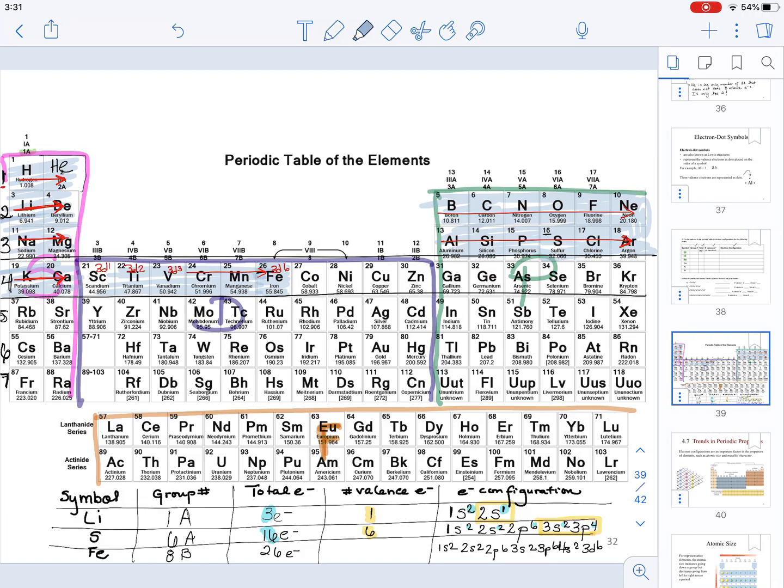We can verify that we did the correct number of electrons. 2 plus 2, 4 plus 6, 10 plus 2, 12 plus 6, 18 plus 2, 20 plus 6. Those are the 26. When it comes to the valence electrons, again, because iron is part of the transition metals, we're going to do the same thing that we've done before.